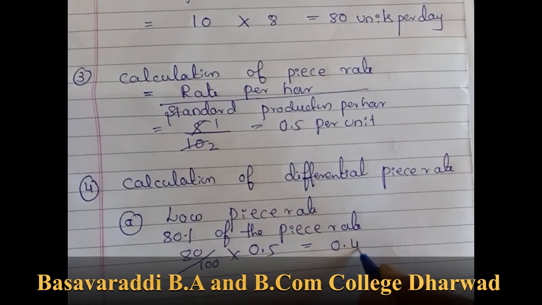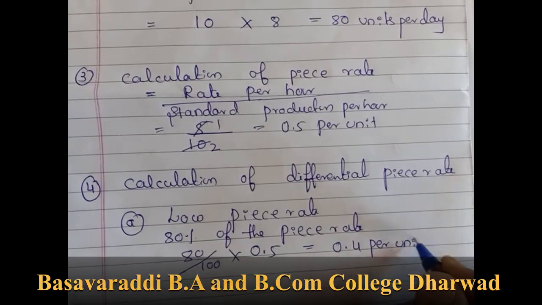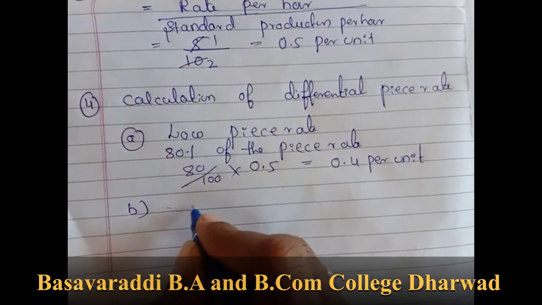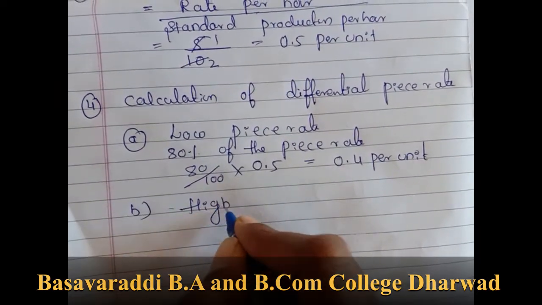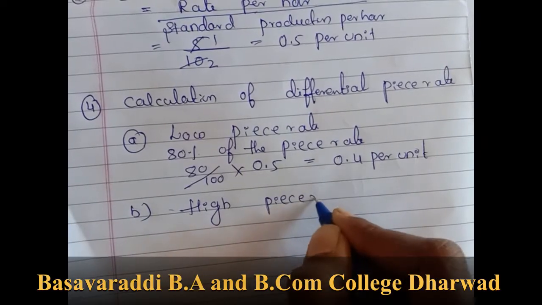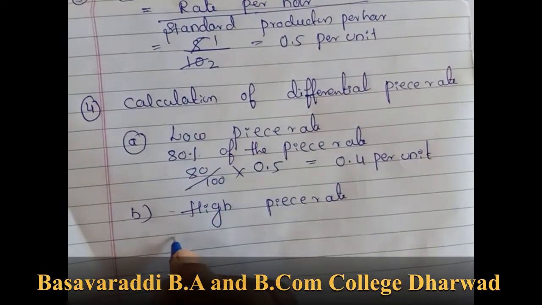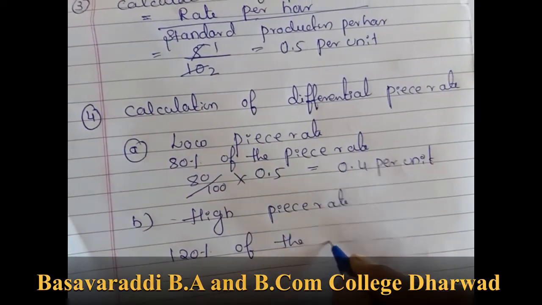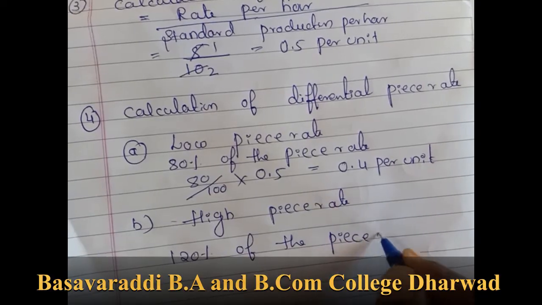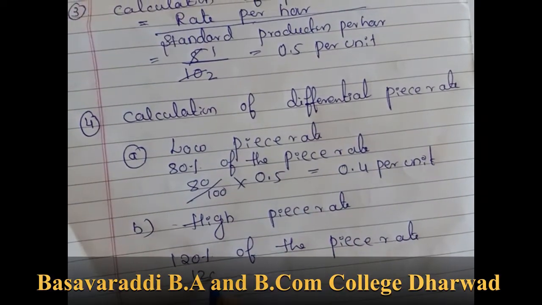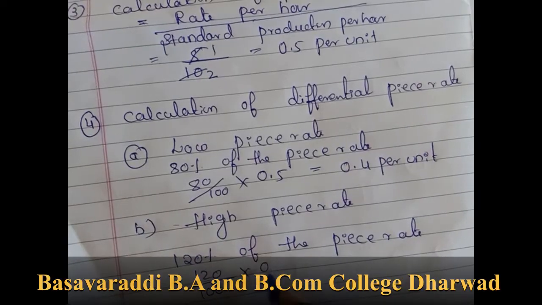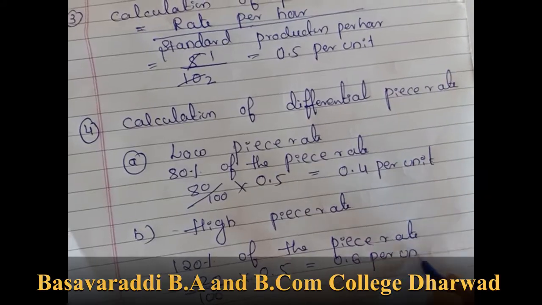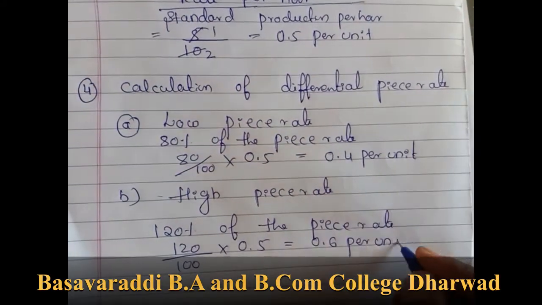That is 0.4 per unit. Next, B, high piece rate: 120% of the piece rate. 120 divided by 100 into piece rate 0.5. That is 0.6 per unit.